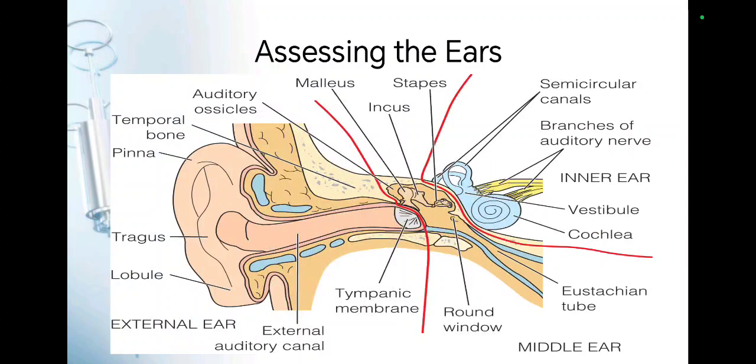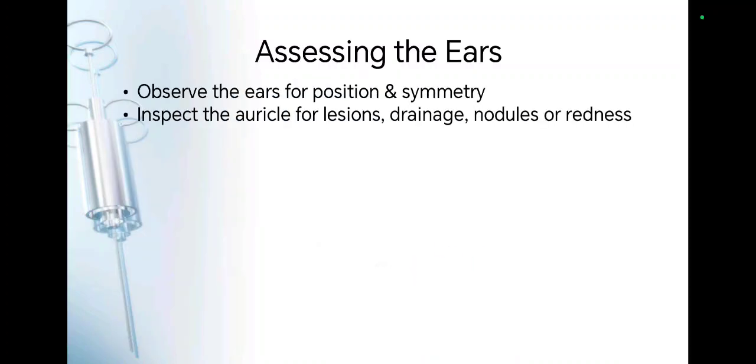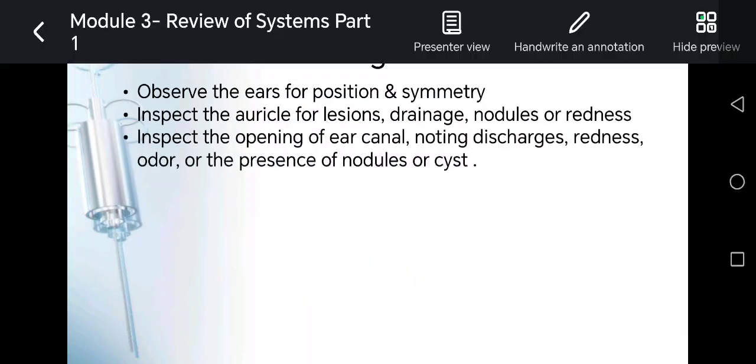Again, the ear is a special organ used for hearing, usually, and also balance. So the two very important things that we assess here are the ability of the patient to hear and interpret sounds, and the ability of the patient to balance themselves. Okay, so observe the ears for position and symmetry.